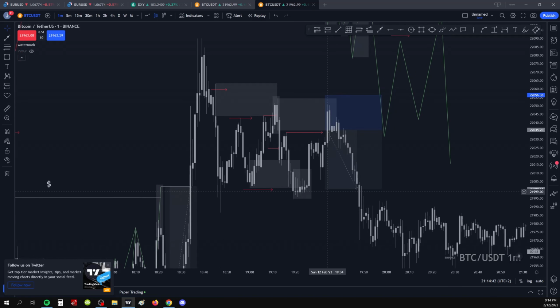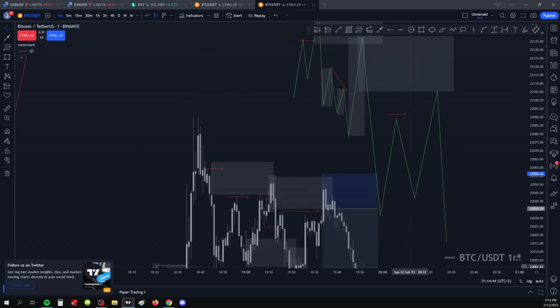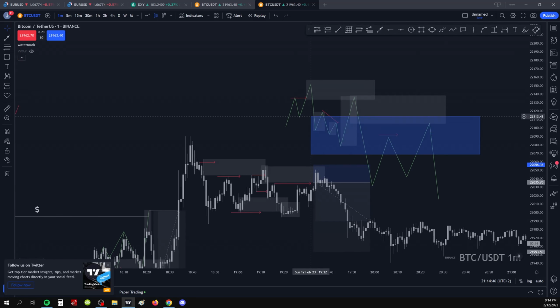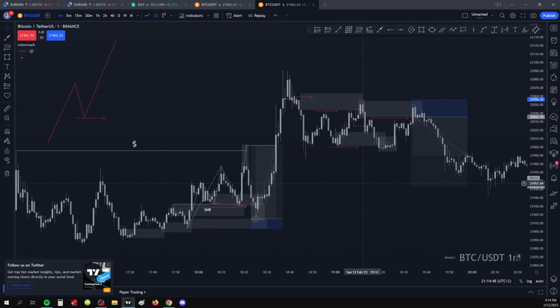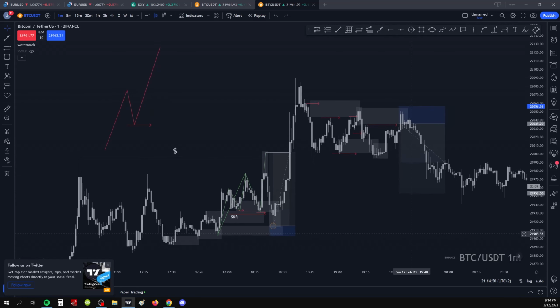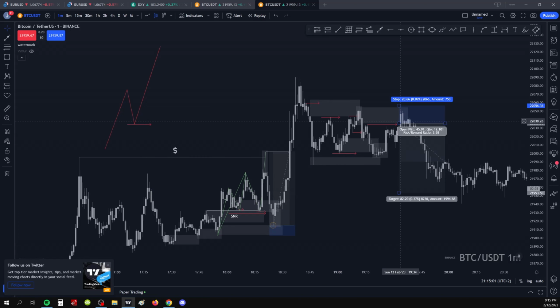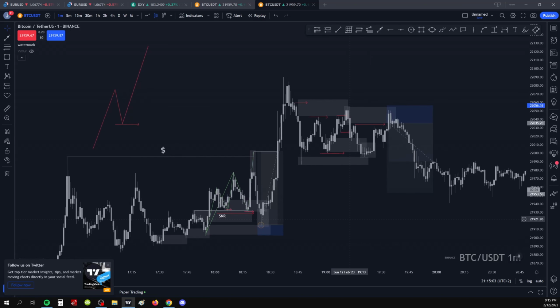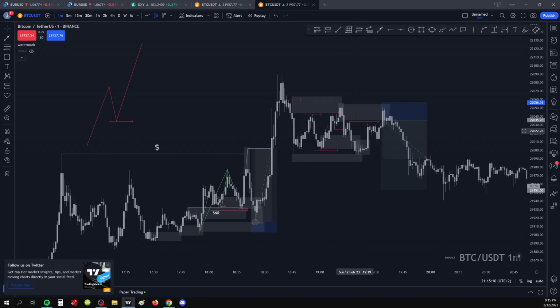And now you have to understand one thing. I know I'm talking a lot, but just take it all in. It's all the same thing, basically. It's just taking out stops and reversing. As you can see, I don't really think about BOS or something like that, because if you think that this is a BOS, you're gonna long from here.